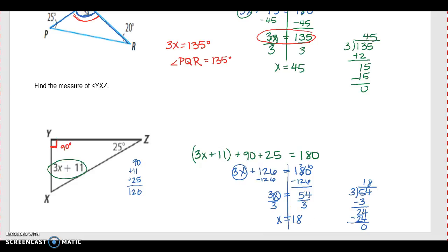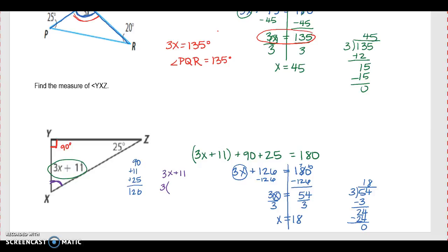Now, is that our answer? Is 18 our answer? It says to solve for this angle, not for x, right? So we're looking for this angle right here. So it says 3x plus 11. So I have x is 18. So I'm going to go ahead and plug it into my equation. So 3x plus 11.